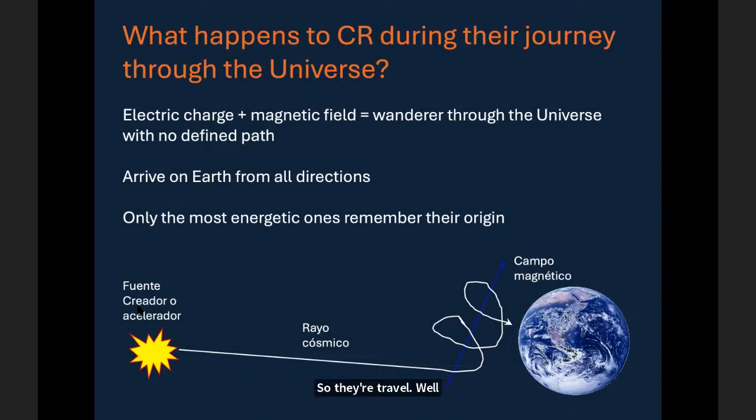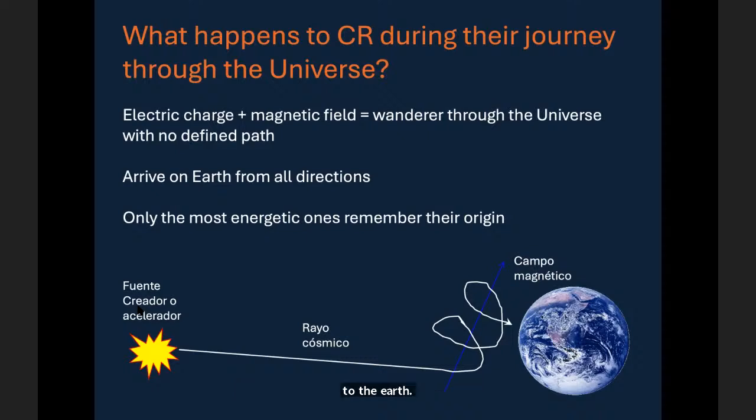When they travel around the universe, in galaxies and all around the universe we have magnetic fields, and they have charge, so they get deflected, right? So by the time they get to the Earth, the information about where they were produced is lost, because they were deflected on their way to the Earth.